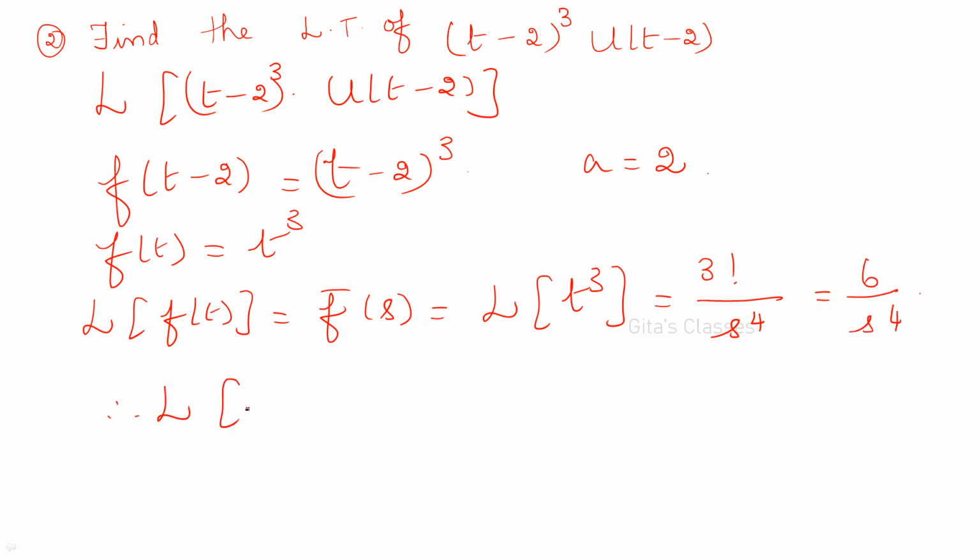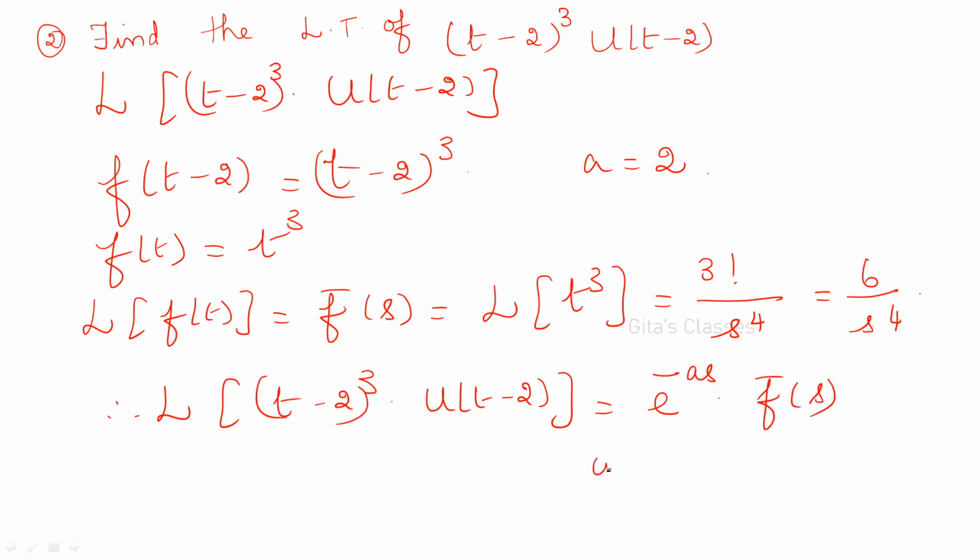Therefore, L of t minus 2 the whole cube into u of t minus 2 is equal to, by using second shifting theorem, e power minus as into f bar of s, where a is equal to 2 and f bar of s is 6 by s power 4.